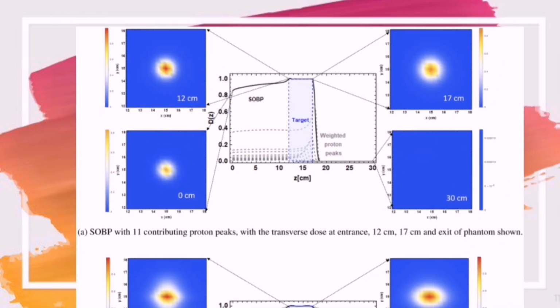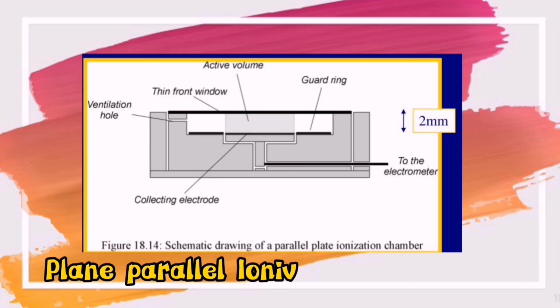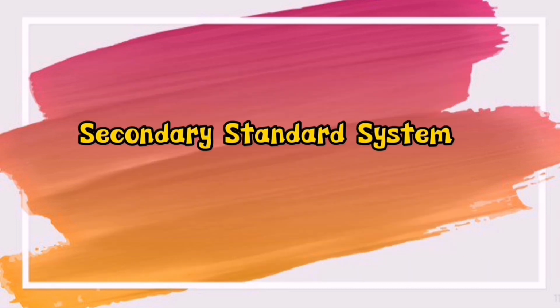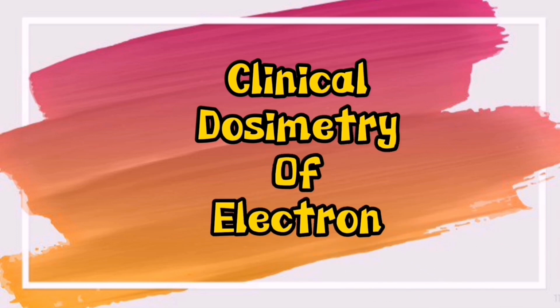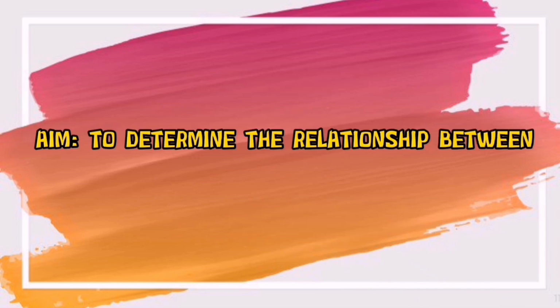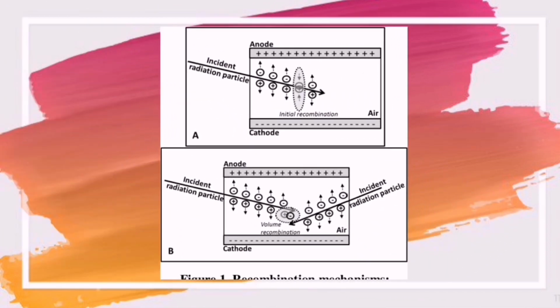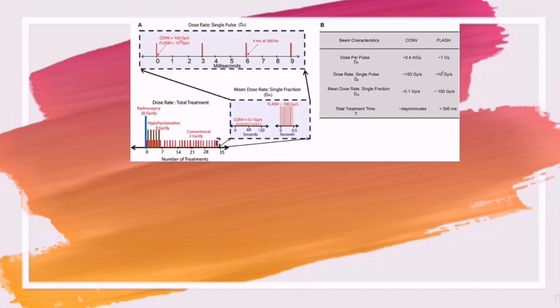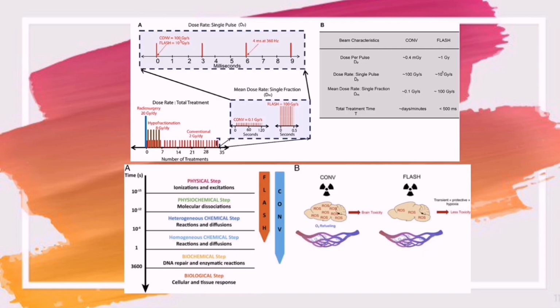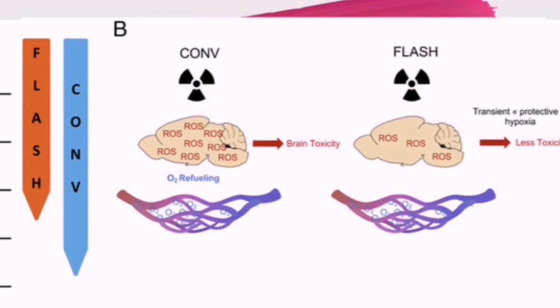Therefore, we use a plane parallel ionization chamber, which is recommended as the secondary standard system for clinical reference dosimetry of electrons. The aim of this study is to determine the relationship between the recombination factor of an ionization chamber and a wide range of dose per pulse values for an electron linac with higher instantaneous dose rate.